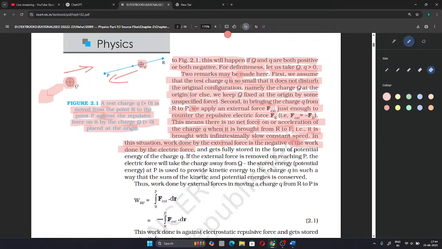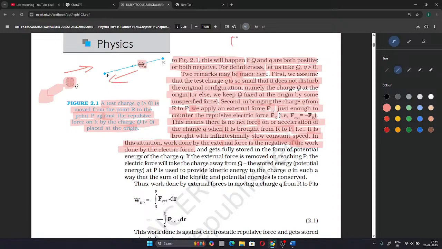This negative sign is just a direction because it is opposite. As I showed here, F electric acts in this direction, whereas the force external we apply on the test charge acts in the opposite direction. This means that there is zero net force, or no net force or acceleration, on the charge q. There is no acceleration, there is no net force.